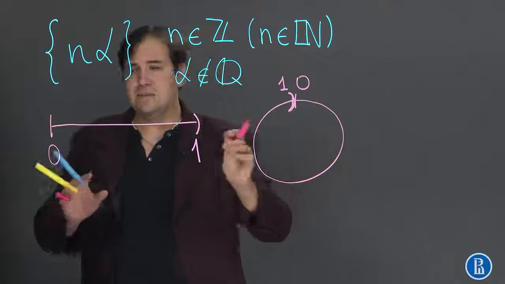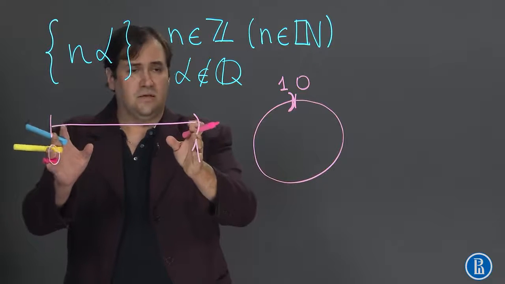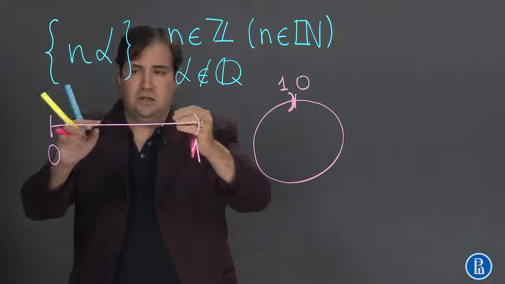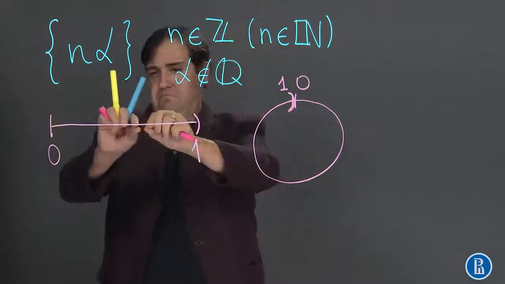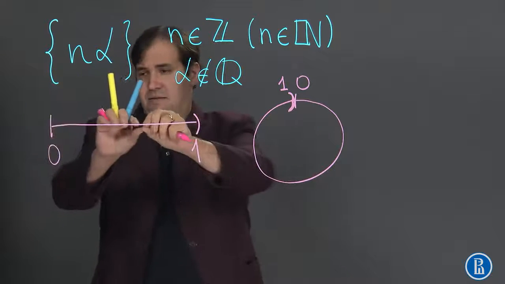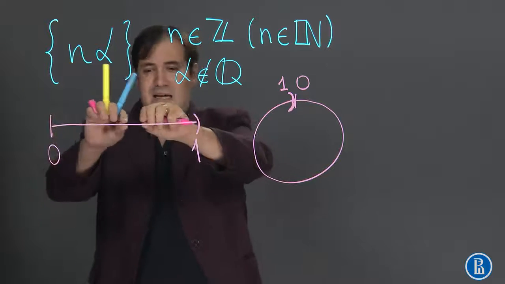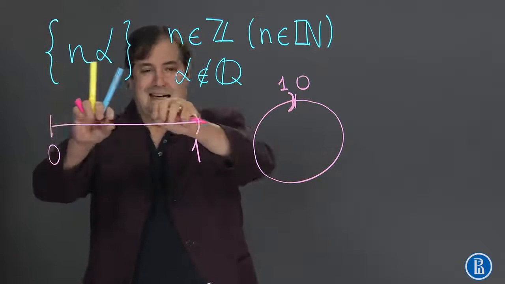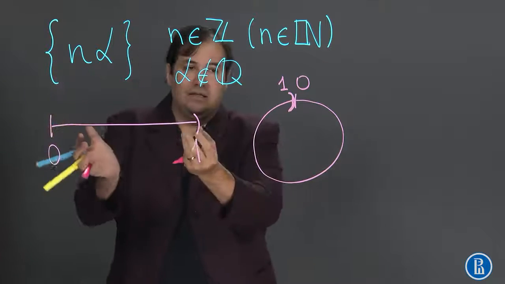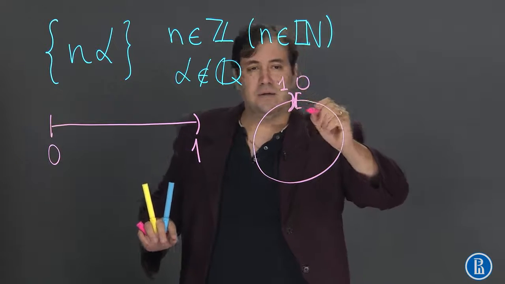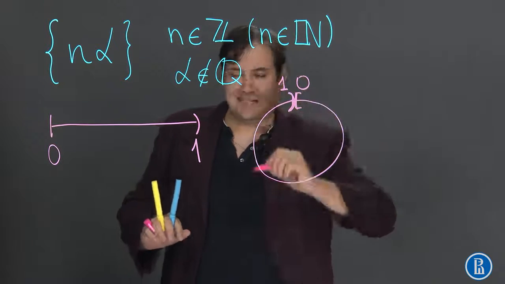This circle is made of this interval by bending it into a circle. So we can just imagine that it is not firm, but it can be bent. So we just take this segment and bend it so that 0 and 1 get to the same point.